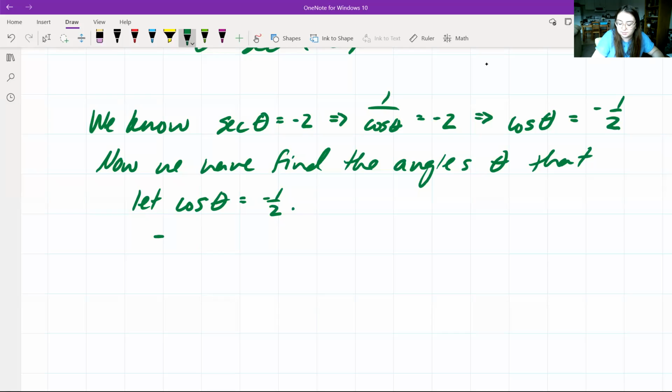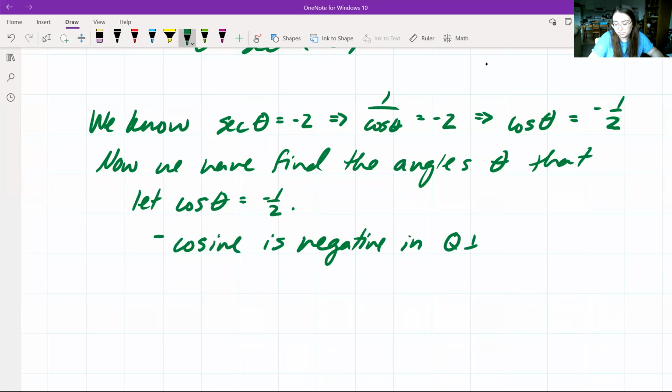So cosine is going to be negative in quadrants 2, my bad, quadrants 2 and quadrant 3. This means that our values of theta are going to have to be in quadrant 2 and quadrant 3.